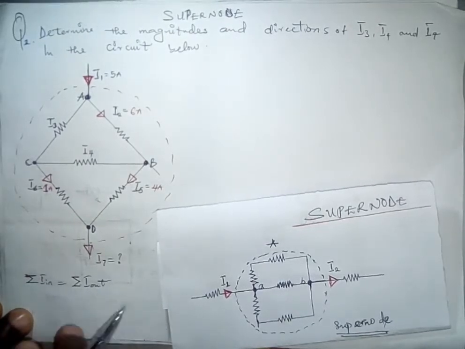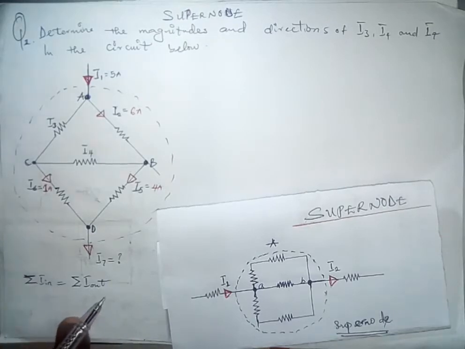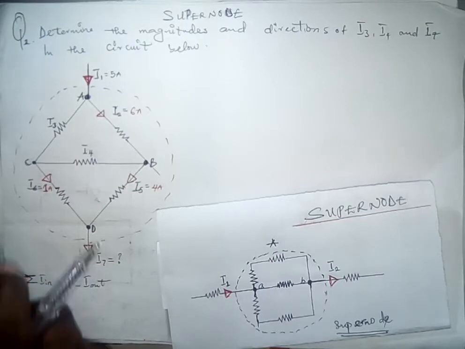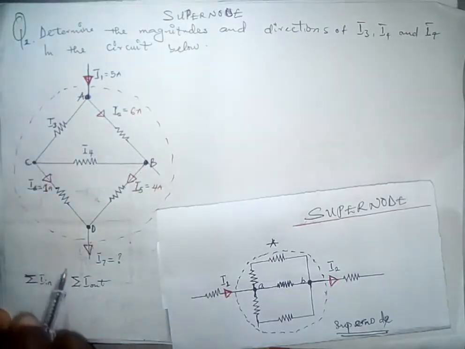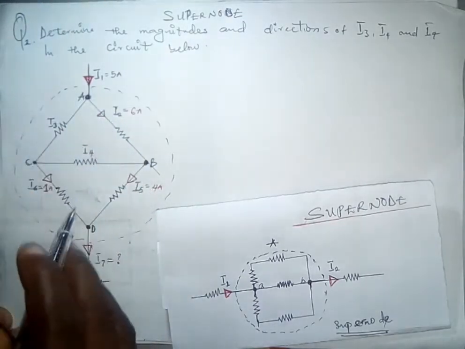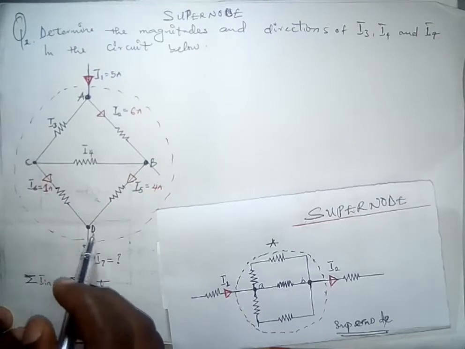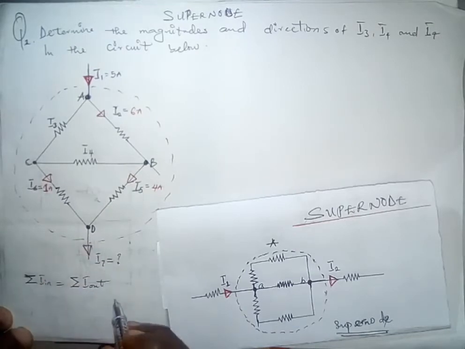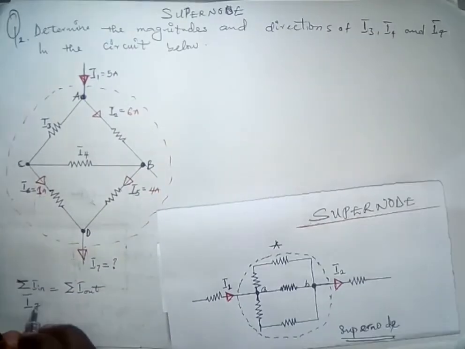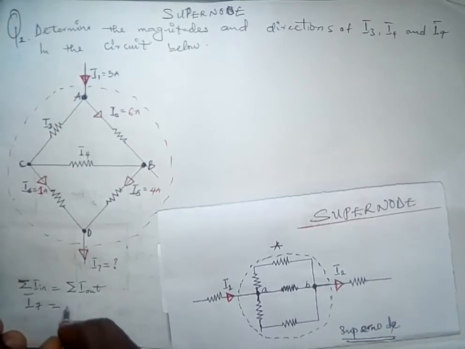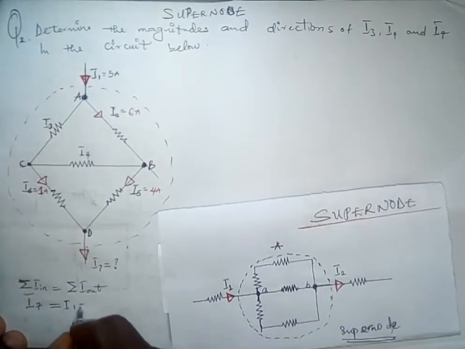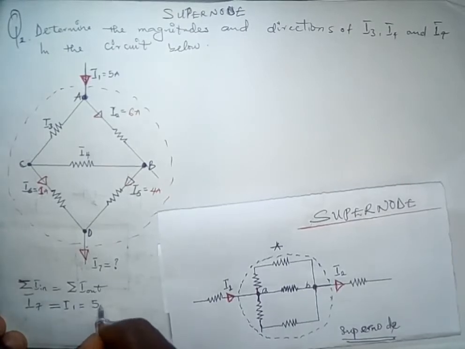We are to treat the circuit between A to D inside that circle as a supernode, and the current entering it at A should be equal to the current that leaves, which is at D. So what are we looking at? We are looking at I7 to be equal to I1, which is the same thing as 5 ampere.